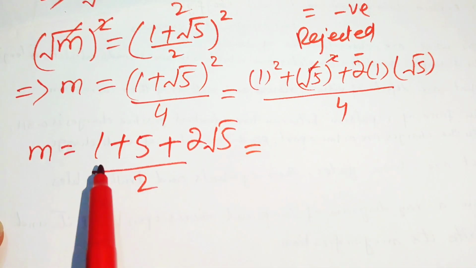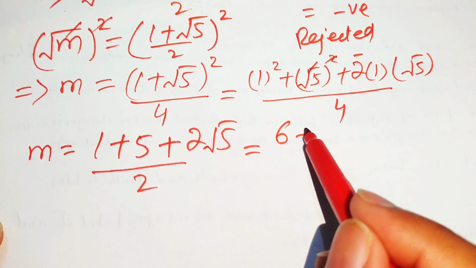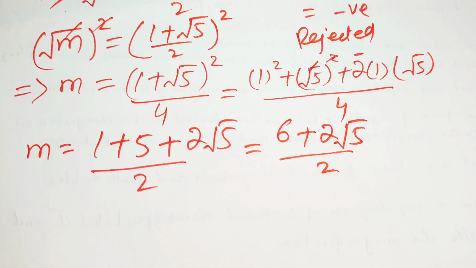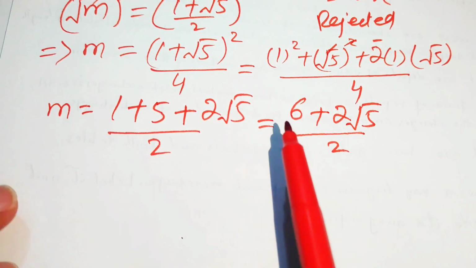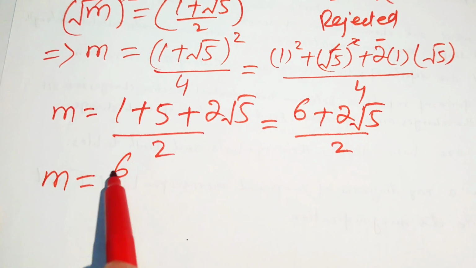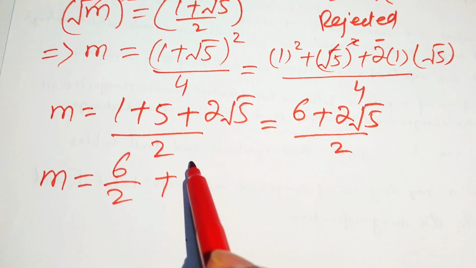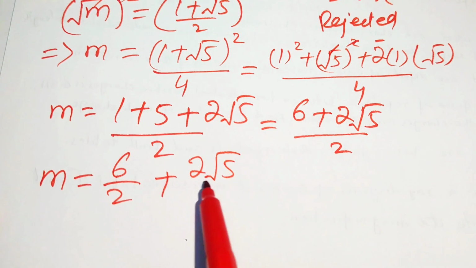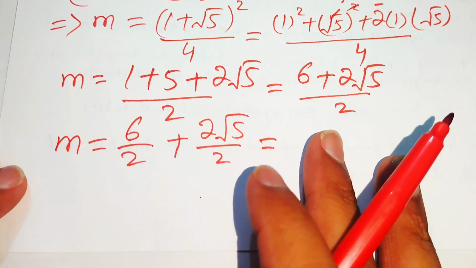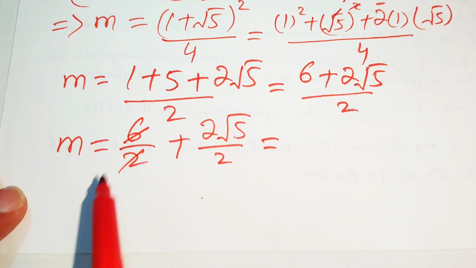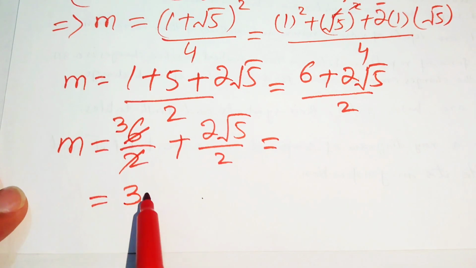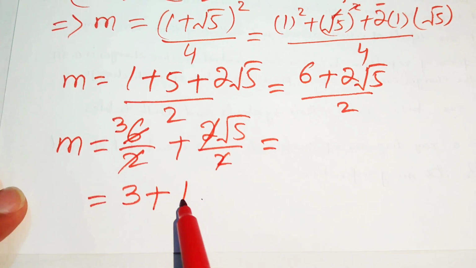So this equals 1 plus 5, which is 6, plus 2 times square root of 5, over 4. Now in the next step we separate both of these fractions, and we write m equals 6 over 4 plus 2 times square root of 5 over 4.